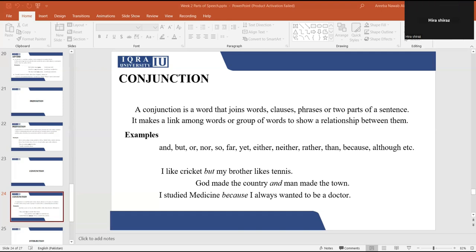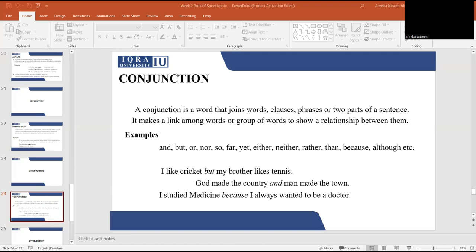An independent sentence is any sentence that makes complete sense on its own. Like, I like cricket is an independent sentence because it makes sense on its own. It's a complete sentence. Even if we remove all the other words that are after it, we will still have a sentence that makes sense. I like cricket.